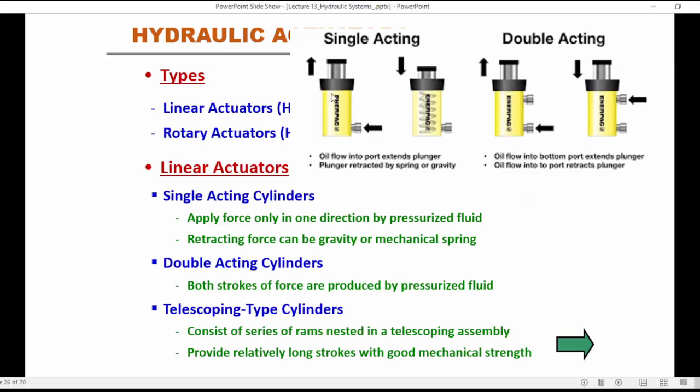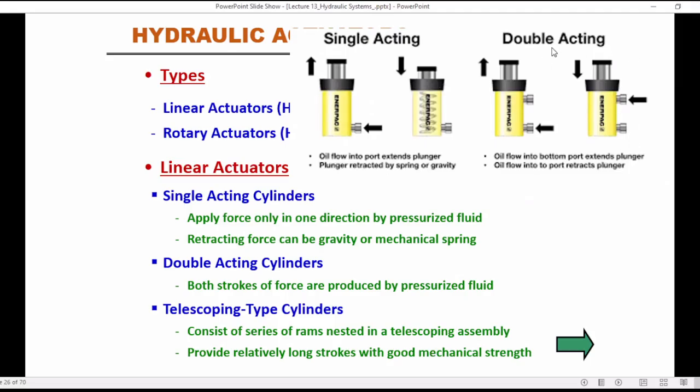Then this piston will move in the forward direction according to hydraulic power. Then it will move in the backward direction due to this spring tension. Okay, this is the single acting cylinder.